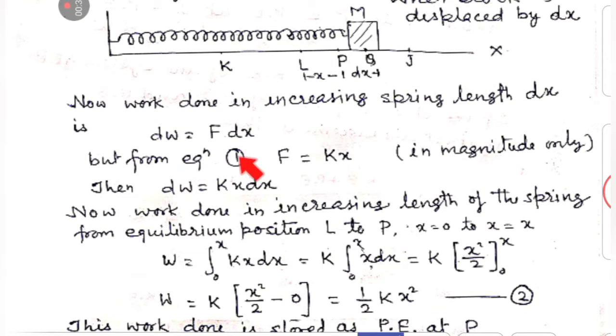But from equation 1 we have F equal to kx. We have neglected the minus sign because we take kx in magnitude. So substituting F equal to kx, dW is equal to kx dx.